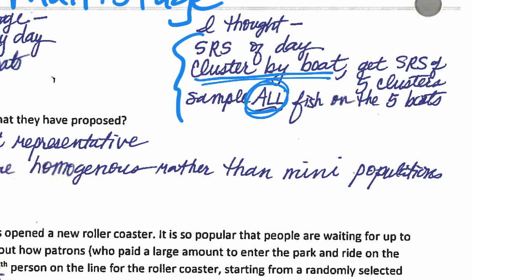It could be stratified. Do you think those boats coming in from the bay, like coming off of the ocean, are many populations, or do you think they're homogeneous? I think they're probably more homogeneous. Don't you think there's some shrimping boats and some lobster boats and some tuna boats and some flounder boats?